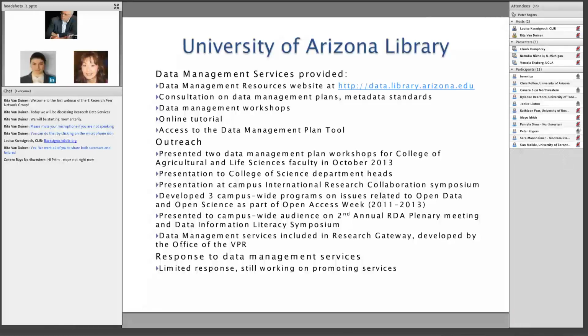I'd like to mention a couple of other things. We have a campus data management subcommittee that's part of the Research Computing Governance Committee, and I'm the chair. And so we've been able to get a fair amount of support at the university's administrative level.